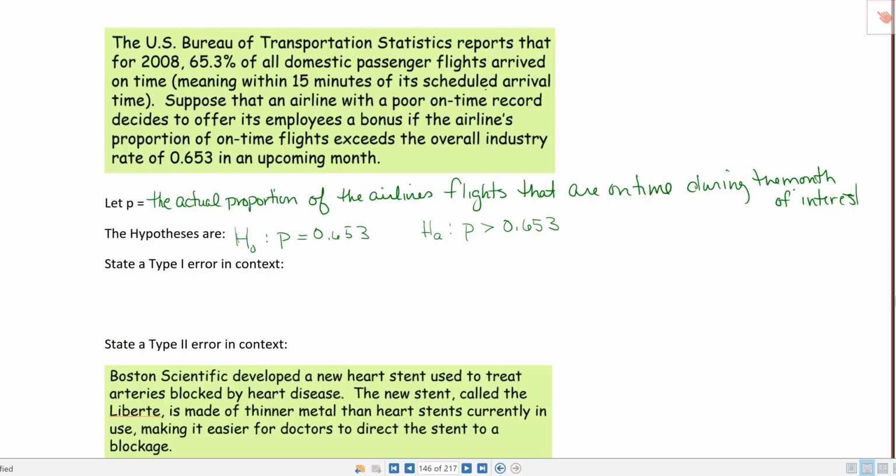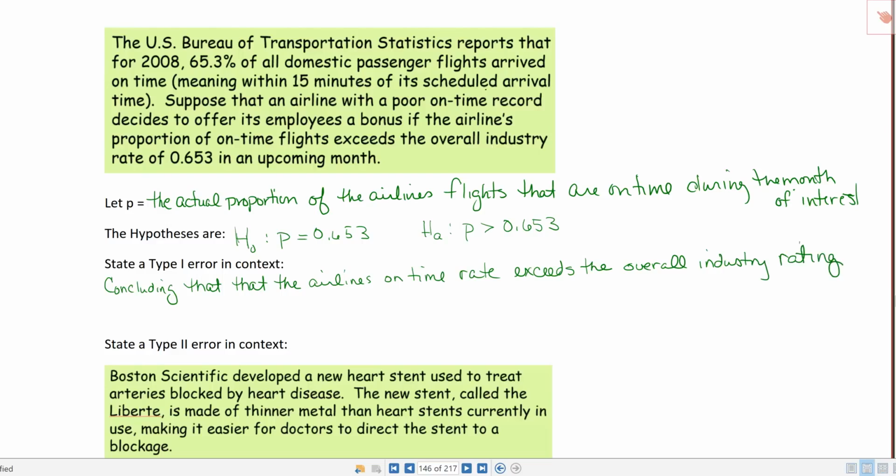So in context of this problem, in this example, the type 1 error would be concluding that the airline's on-time rate exceeds the overall industry rating when in fact the airline doesn't have a better record.